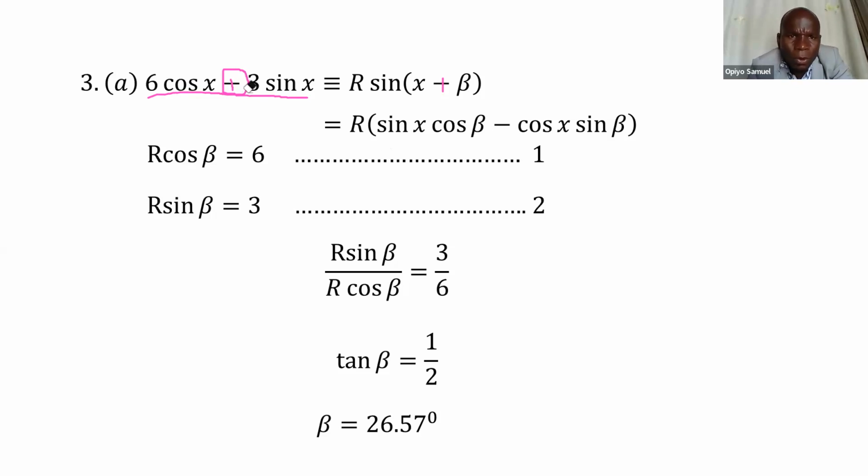So when we expand R sine(x minus beta), you know, sine of (x minus beta) is sine x cos beta minus cos x sin beta. So that is the expression. Now, when we compare this, when we open up, we take R inside, we open up these brackets, and then we compare.